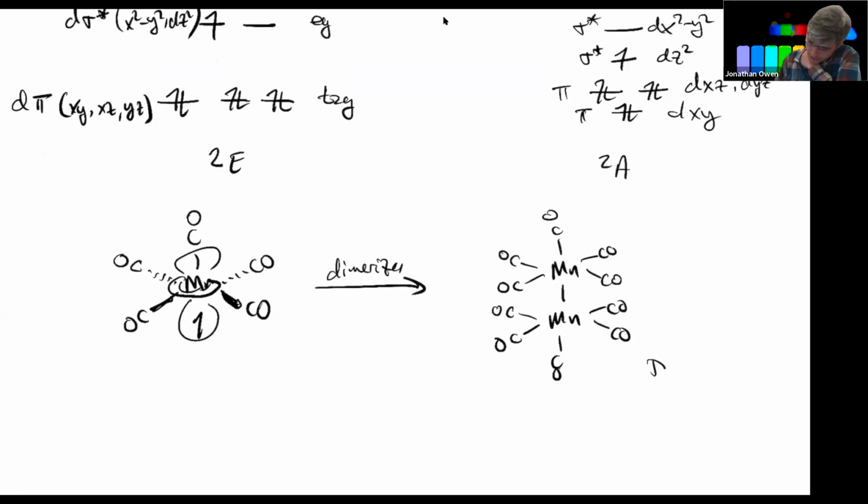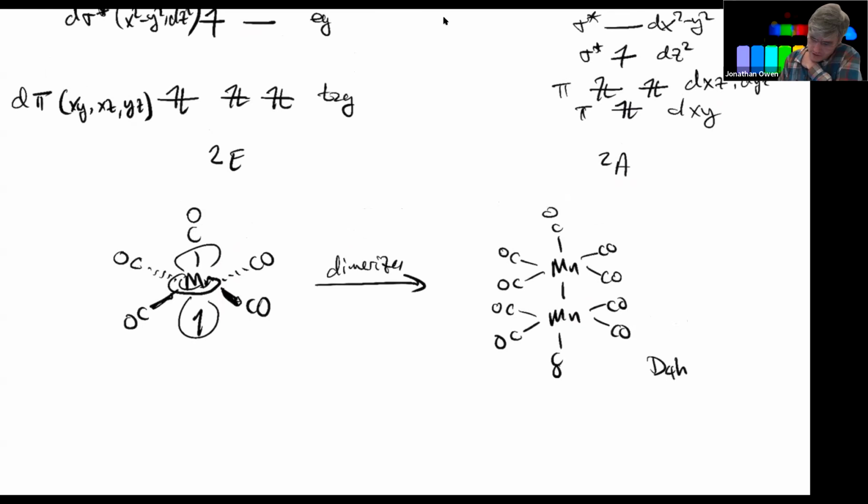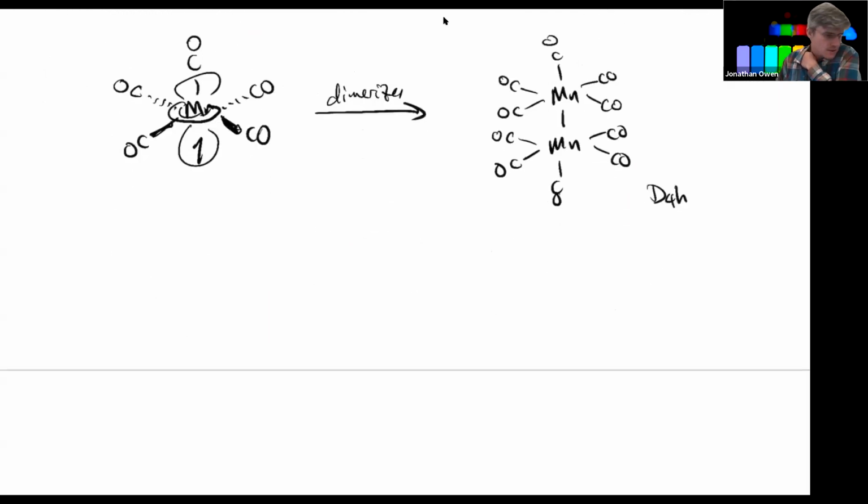And the product is D4H. So you take these two unpaired spins on two different manganese centers and you make a sigma bond. Let's see what that looks like.